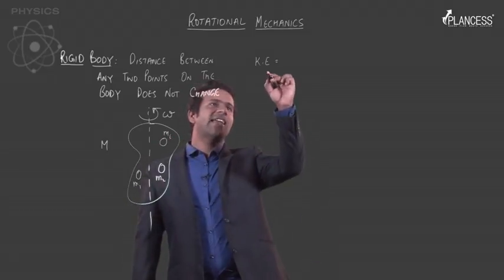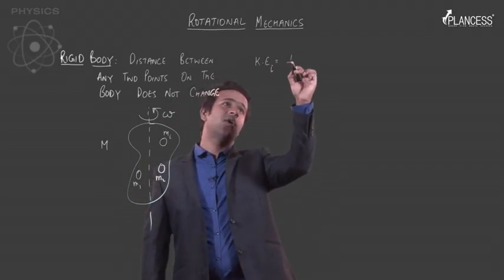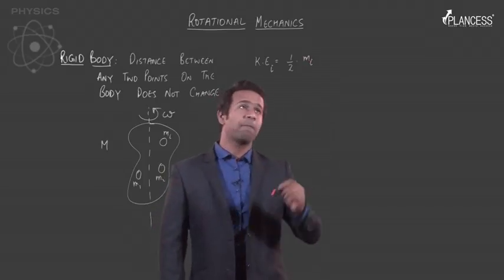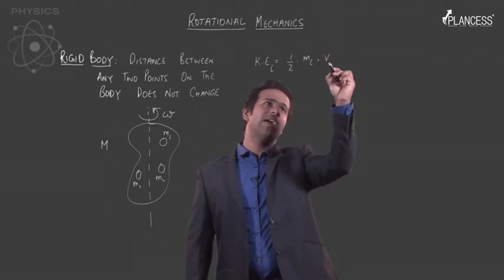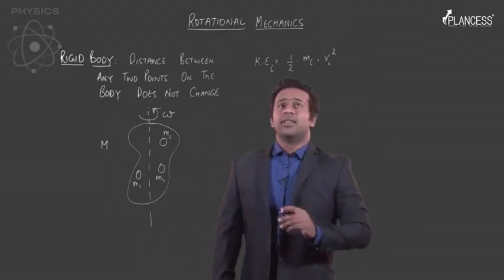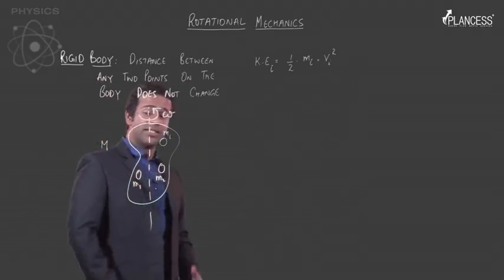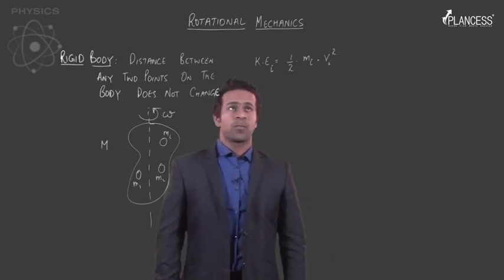So the kinetic energy of this ith body, I know by definition, would be half into the mass, which is Mi, into its speed square. Let's call it speed Vi, and then this gives us the expression for kinetic energy for this single body, right?